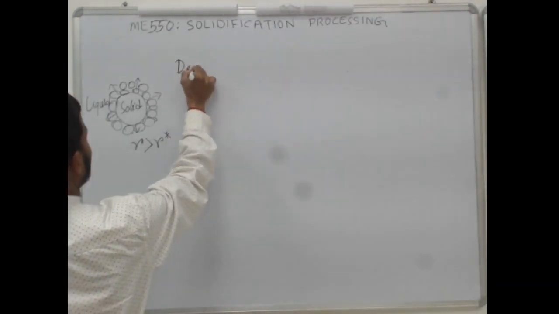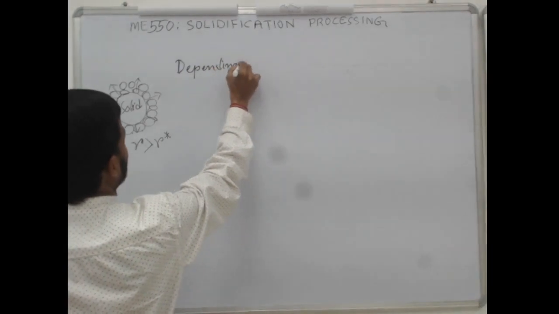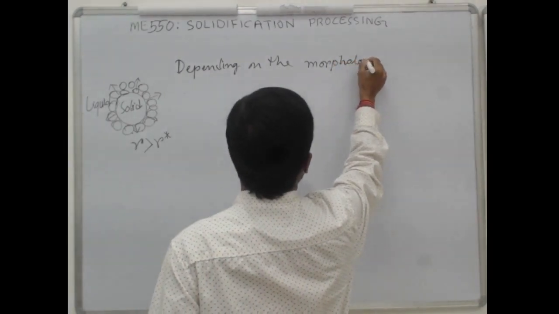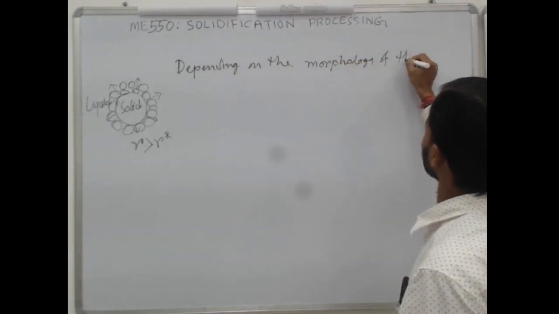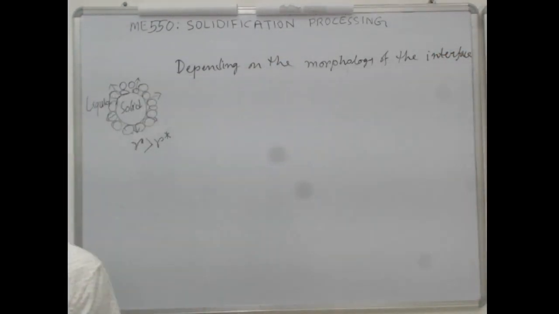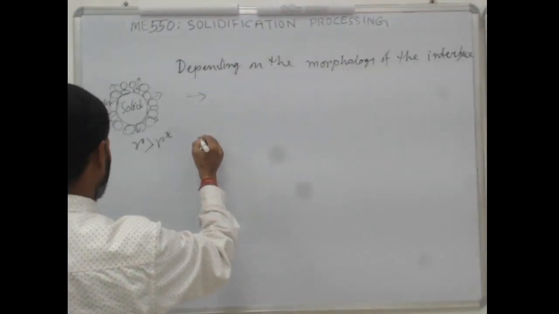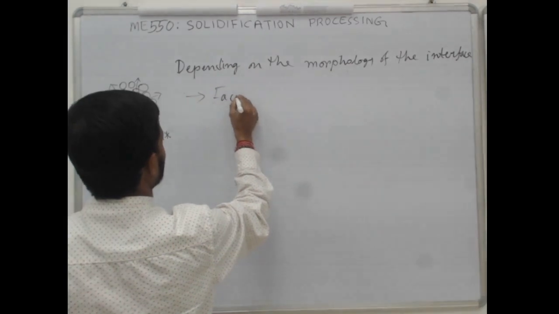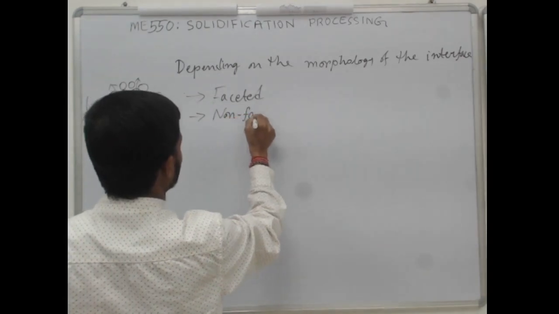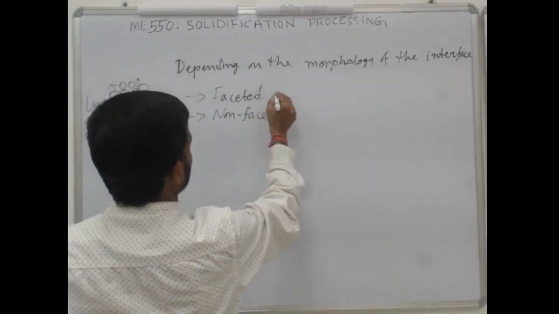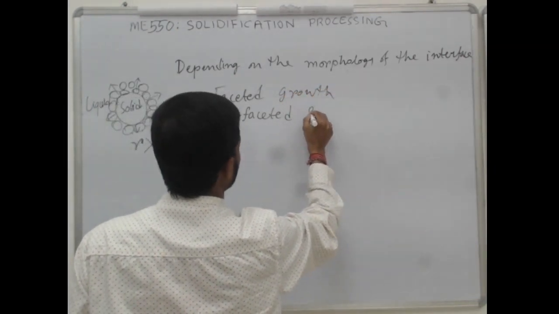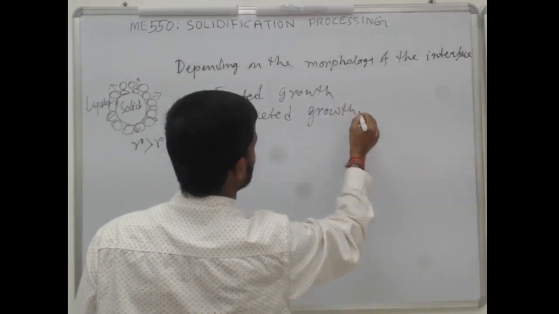Depending on the morphology of the interface, the growth is classified into two types: faceted and non-faceted growth. So these are two different types of growth.